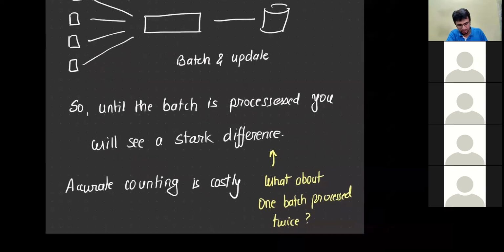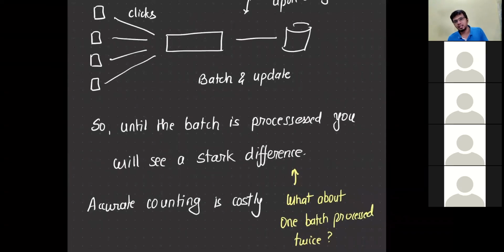Okay, so how does it do it? To put it in simple terms, accurate counting is costly. This is what we established after talking about yesterday's impression counting as well. And even here, when we talk about accurate counting, what would happen is, let's say you get a million requests per minute, and the time filter is, let's say, 30 days.